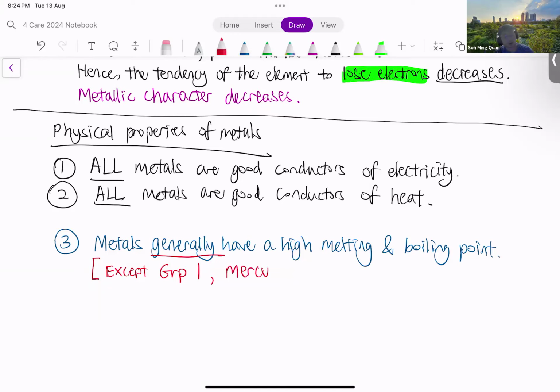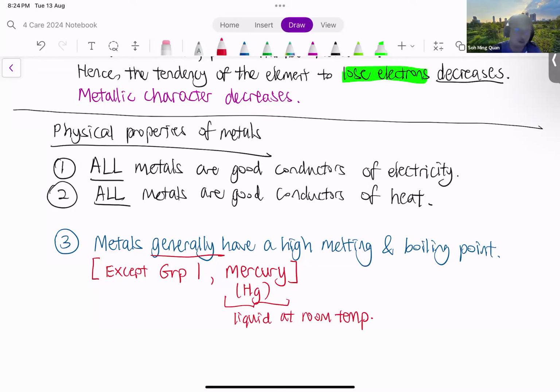Besides group 1, mercury. Mercury has a chemical symbol Hg. It is in the center block of metals called the transition metals. Now, mercury is a liquid at room temperature. Well, that's interesting, right?